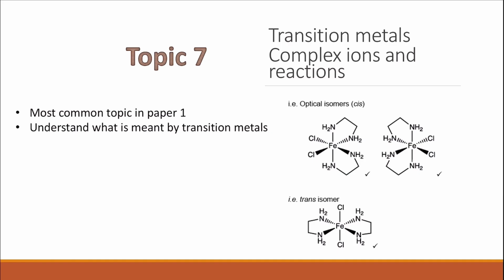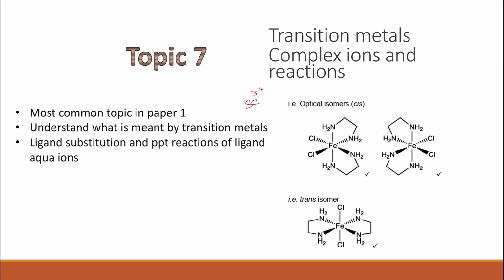So this is very common in paper one, so please make sure that you know all of these, or due to the change in the oxidation state of the central atom as well, or the central ion. The isomerism of the complex ions, both the cis and trans and optical isomers, are very common.